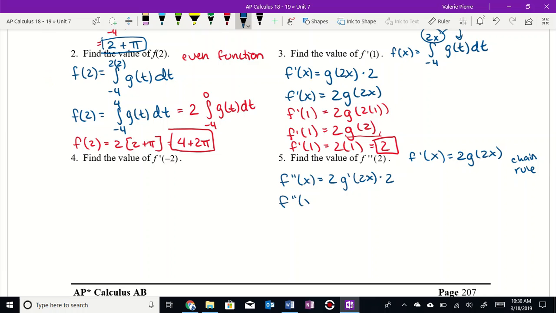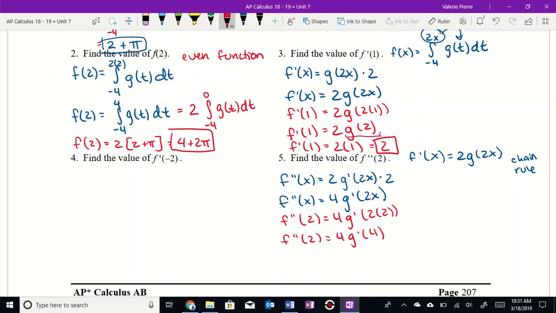So f double prime of x is equal to 4g prime of 2x. So when we plug in, we want f double prime of 2, which is 4g prime of 2 times 2. F double prime of 2 is equal to 4g prime of 4.